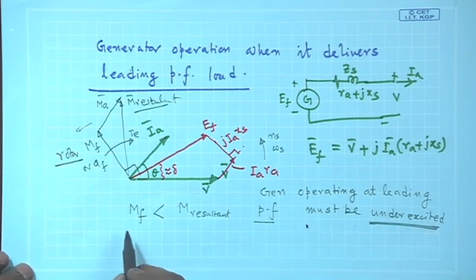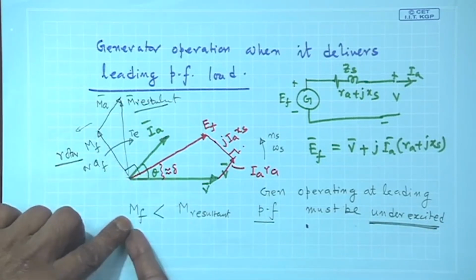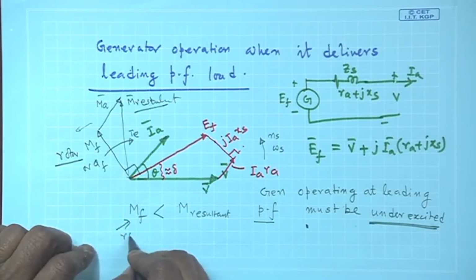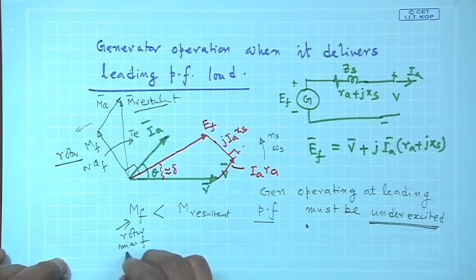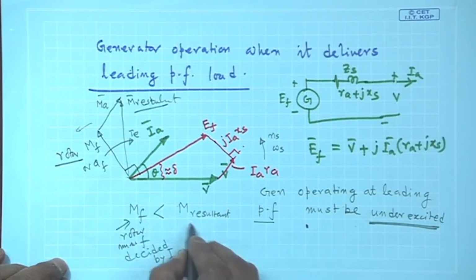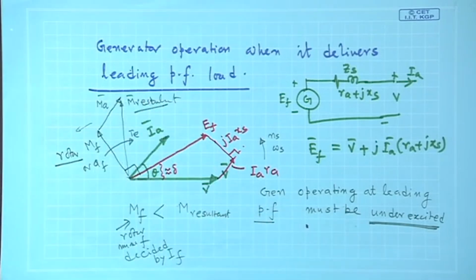Why under excited? Because the field current decides the field MMF, the rotor MMF, decided by the rotor current IF, which is less than the resultant MMF. You can easily see that if it is a leading power factor, it must be under excited.